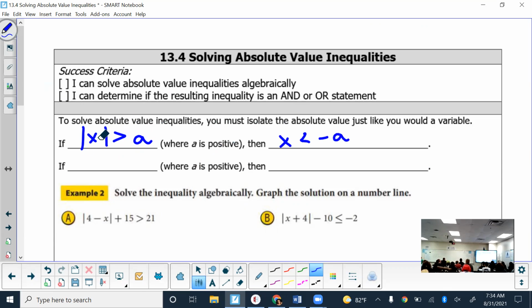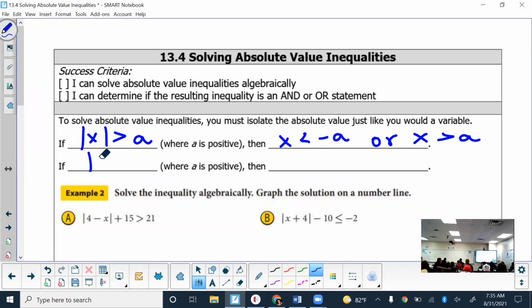When we split this up into two separate inequalities, it's going to be x less than negative a or x greater than a. Notice the sign change, make sure these signs match up how I wrote them here.